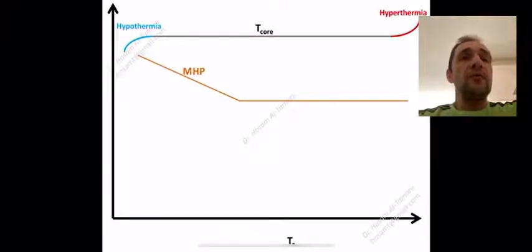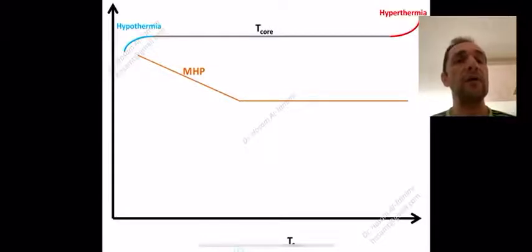So we refer to the ambient temperature below which the metabolic heat production starts rising significantly in order to maintain homeothermy. We refer to this value, which lies on the x-axis, as the lower critical temperature, LCT.